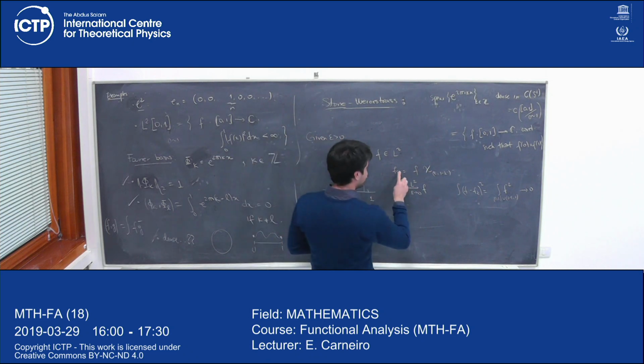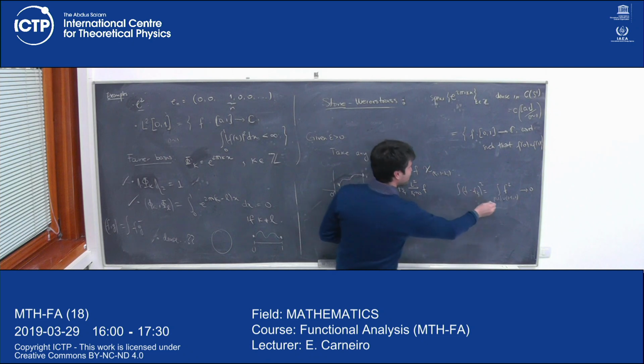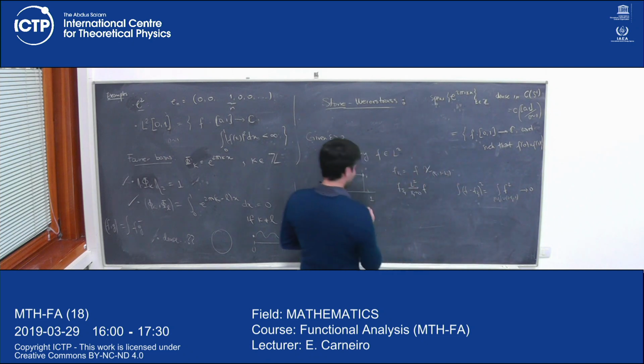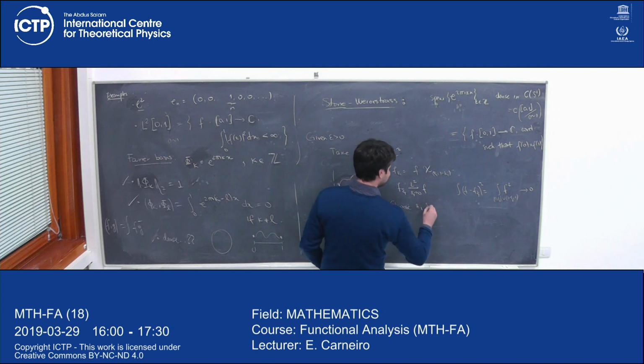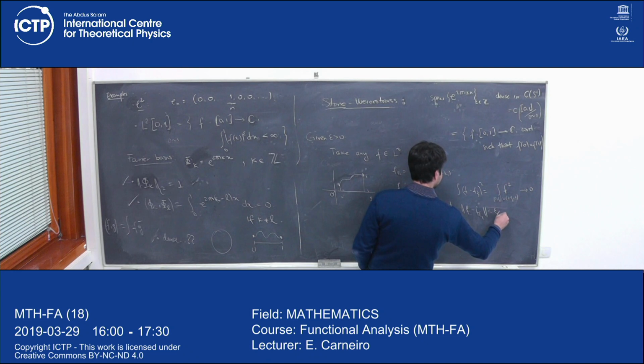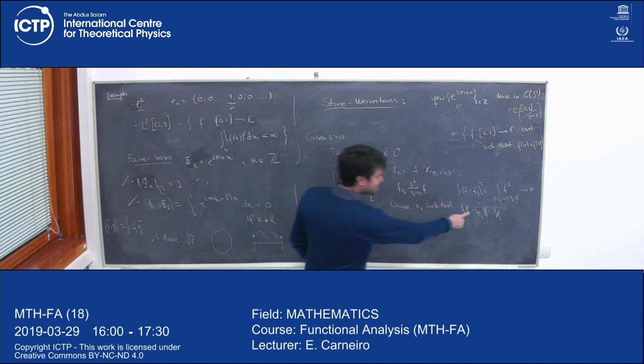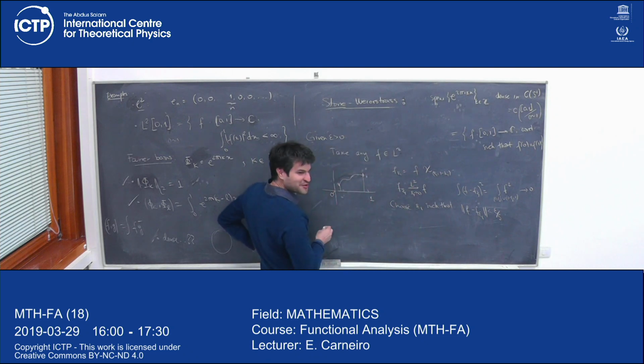I should perhaps not call this epsilon; let's just call this epsilon 1. Then you can, of course, choose epsilon 1 such that, say, the norm of f minus f epsilon 1 is less than epsilon over 5. So you got a function where you just cut the support a little bit.